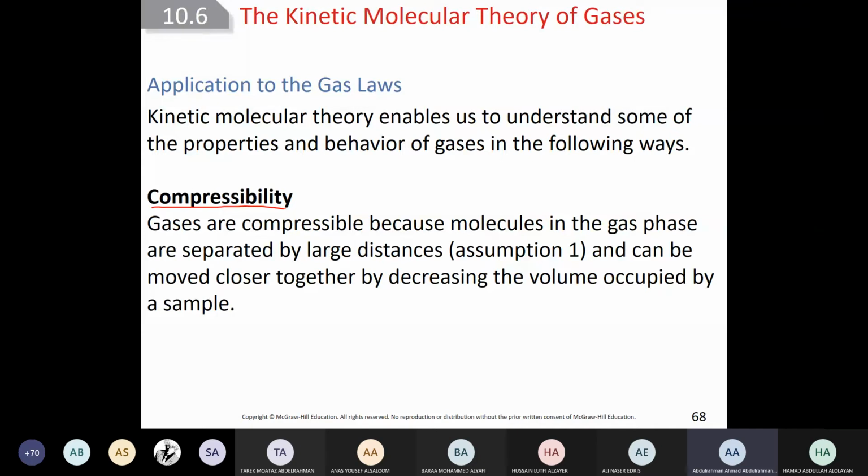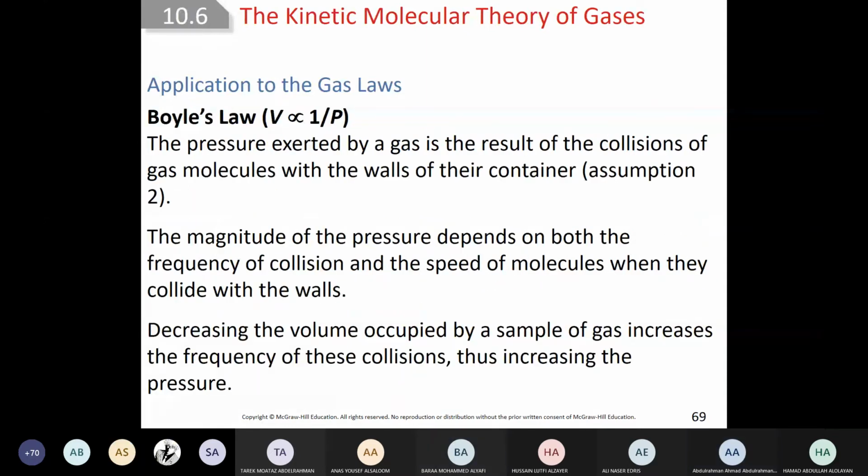The distance is small, so the molecule hits the wall, goes to the other side, and comes back to hit the wall. If we make the volume smaller, the molecules hit the wall more, and the pressure increases. That's Boyle's law. So we can explain Boyle's law this way.